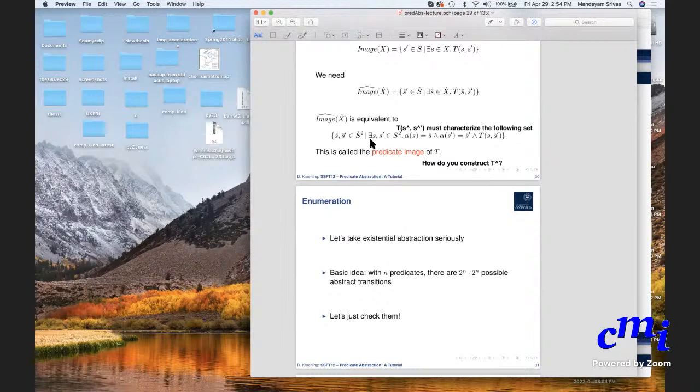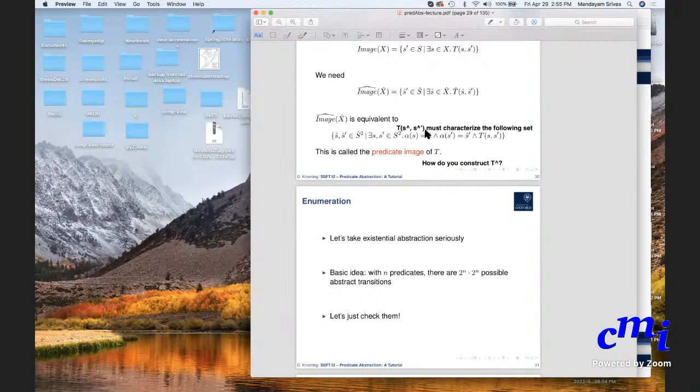One way is to have existential quantification when you compute these to do fixed point propagation. You want to eliminate this existential quantification so that you can have a formula.